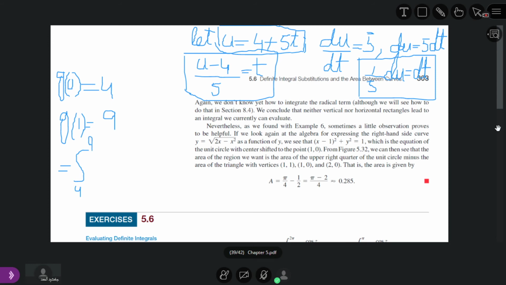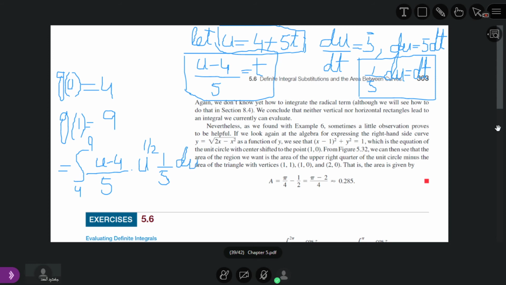It is equal to u minus 4, divided by 5. What is the value of 4 plus 5t? It is equal to u power 1 by 2. What is the value of dt? It is equal to 1 by 5 du.